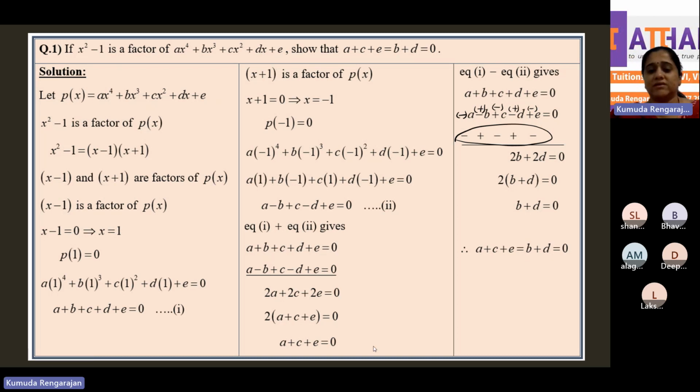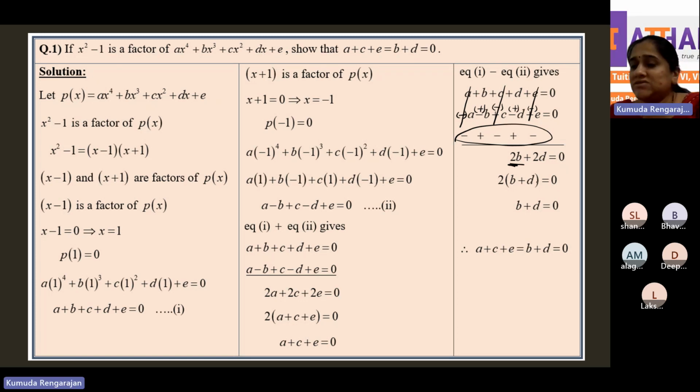You can change the signs there. So A minus A cancels. Plus B, 2B. C minus C cancels. Plus D, plus 2D. E minus E cancels, is equal to 0.